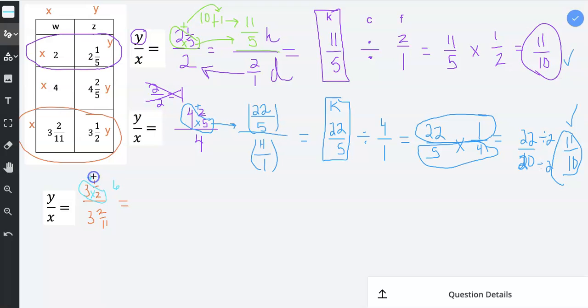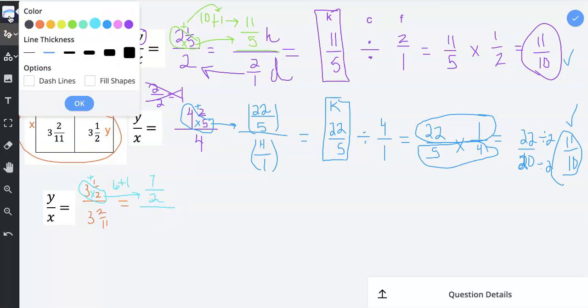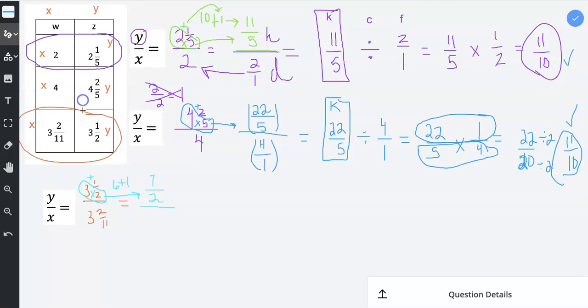And then we add the numerator, the 1, and we get 7. And then you keep the same denominator from the mixed number. So this becomes 7/2. I use the same process down here. I multiply 3 times 11 and get 33. And then I add 2 and I get 35. And then you keep the same denominator, 11.